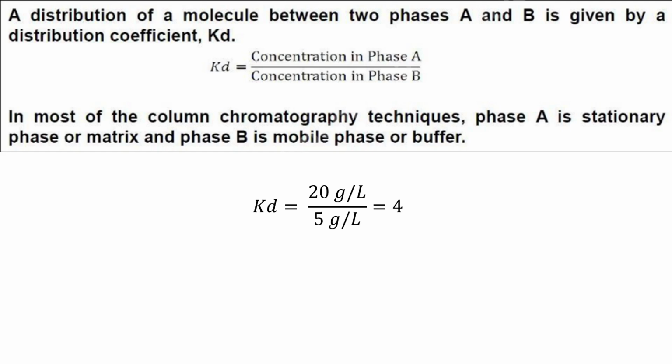You divide the concentration in phase A by the concentration in phase B. In phase A, the aqueous phase, we had 20 grams per liter, and the organic phase had 5 grams per liter. So the ratio is 4. The distribution coefficient is 4.